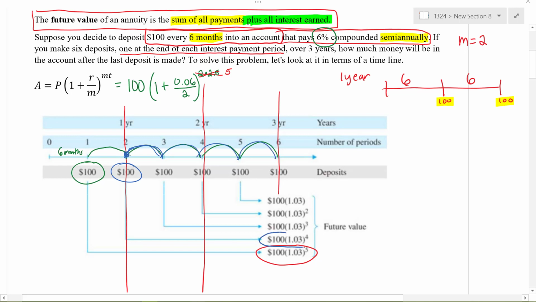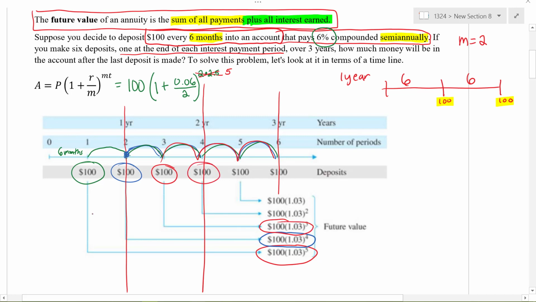When I used the compound interest formula, I ended up with that as a future value. That amount includes the $100 that I deposited, including any interest that was earned. And the third $100 that gets deposited earns interest 1, 2, 3 times. So that's the future value of that $100.